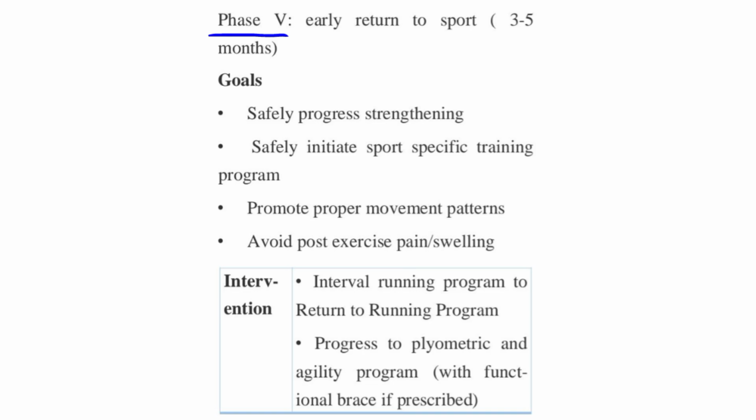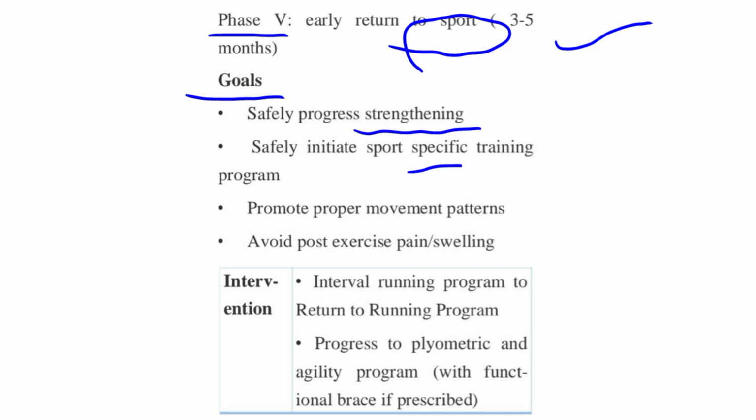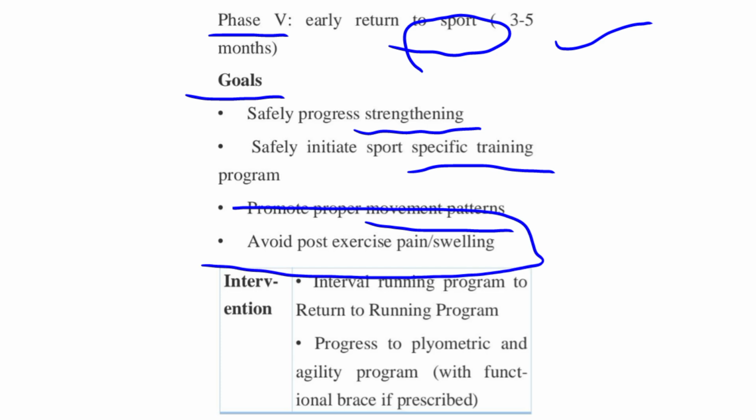In phase 5, this is for the athletes, and in this phase we have to return the patient to sports activities. Its duration is 3 to 5 months. The goal is to progress strengthening, specific sports training, and proper movement patterns, and always remember to avoid post-exercise pain and swelling.